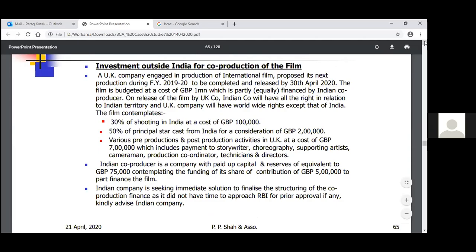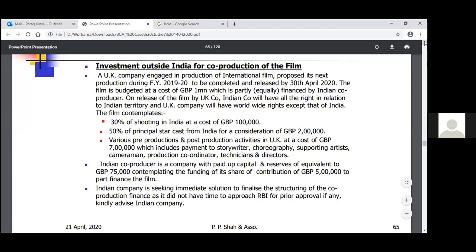And therefore the payment of £500,000 to a UK company under the co-production of the film and retention of the rights by an Indian company will amount to an advance against the import of the rights from the UK company, and that will do away with the requirement of the valuation of the UK company as well as the remittance within the parameters of Notification 120, and probably you can do the transaction very quickly.